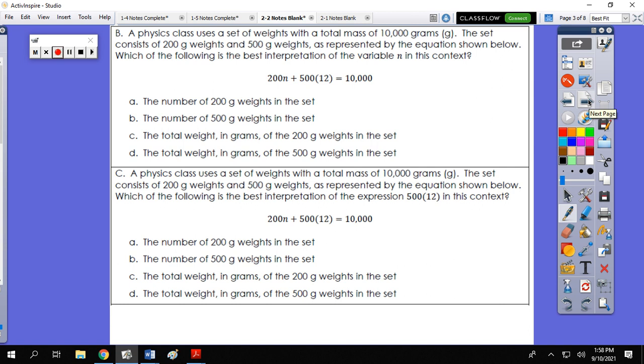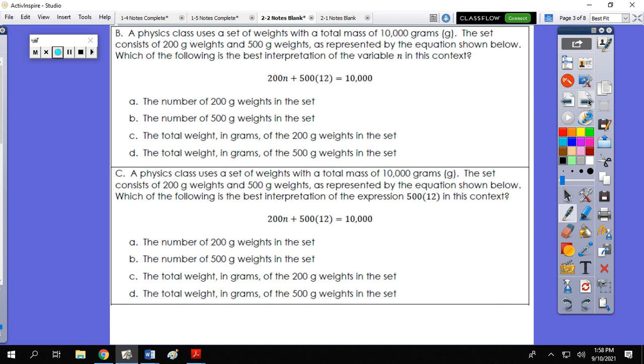Letter B in this section says the physics class uses a set of weights with a total mass of 10,000 grams. The set consists of 200-gram weights, which are being indicated with N, and 500-gram weights, as represented in the equation shown below. Which of the following best interprets the meaning of the variable N in this context?